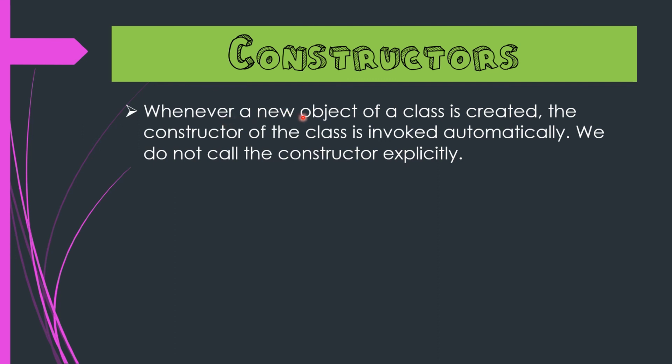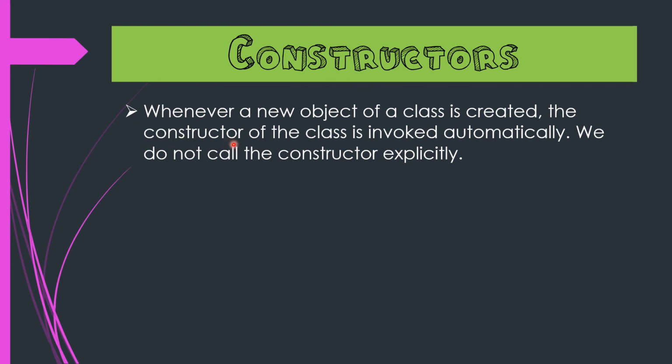Now, whenever a new object of a class is created, the constructor of the class is invoked automatically. As I just told you, whenever we declare a data member, the initialization will be done by the compiler with the help of the constructor.